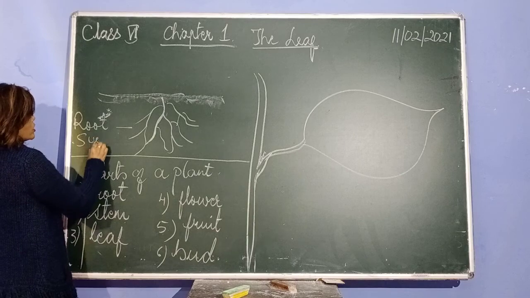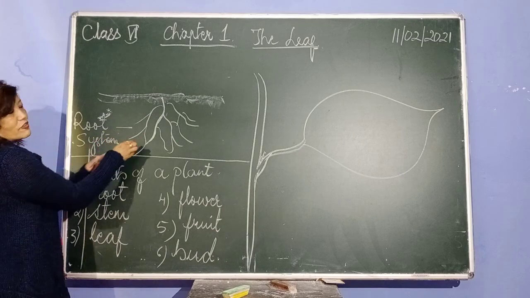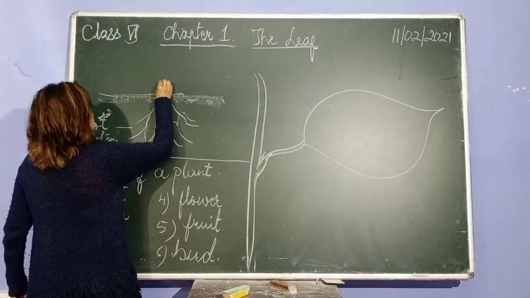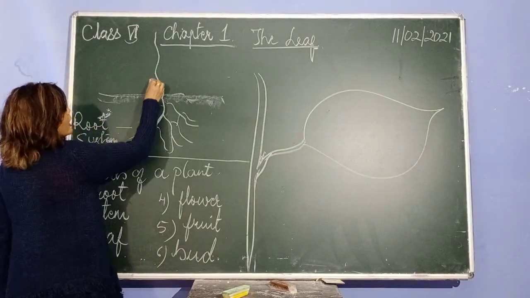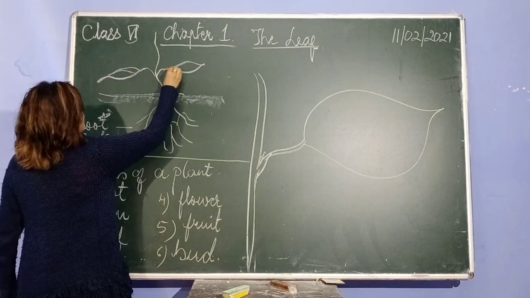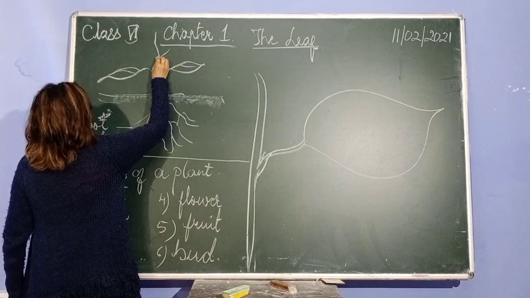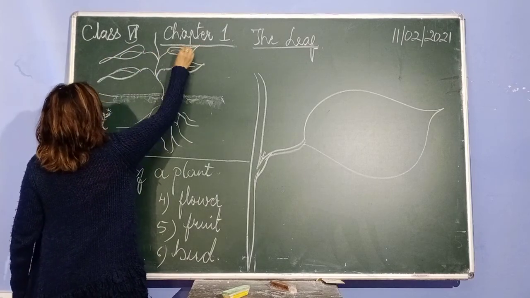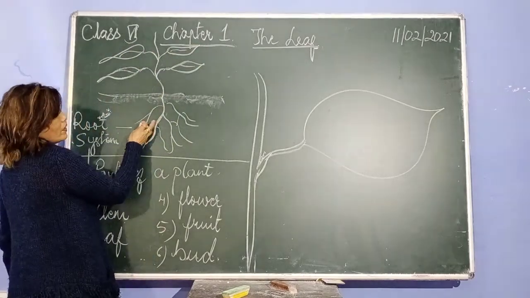And this root system consists of only root. And what is the shoot system? The part of the plant that grows above the ground, those parts are called the shoot system.